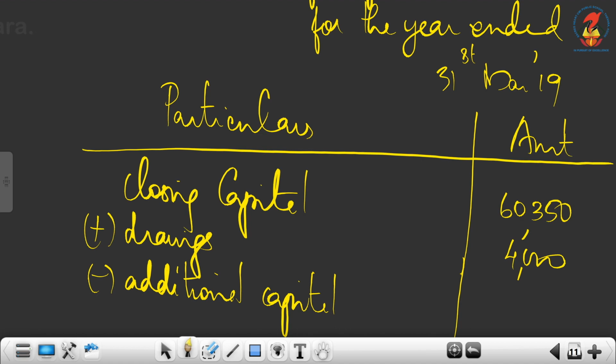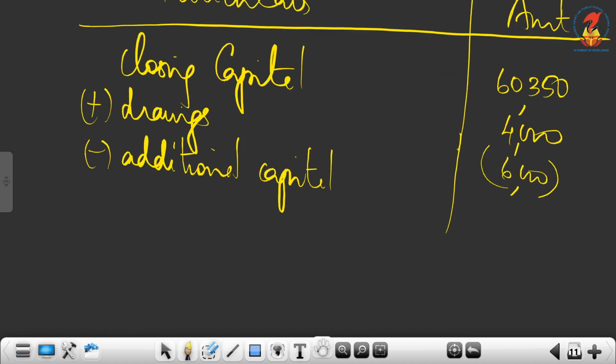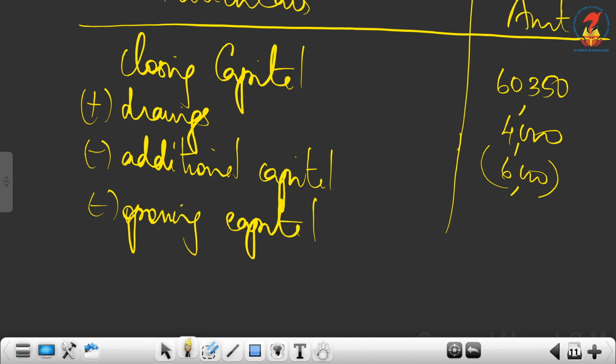Drawings and additional capital. What is additional capital figure? That is 6,000, which is within brackets because it is less figure. Less opening capital. Opening capital here is 35,800.